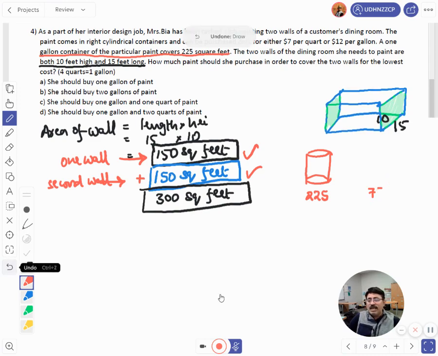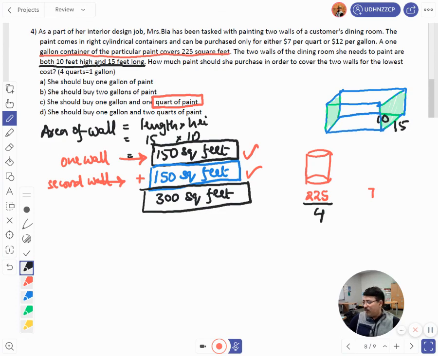In such case, if you buy 1 gallon and 1 quart of paint, what will be the area covered by 1 quart of paint? I repeat, 1 gallon is 225. I hope you know that 4 quarts make 1 gallon. Therefore, 1 quart means 225 divided by 4.